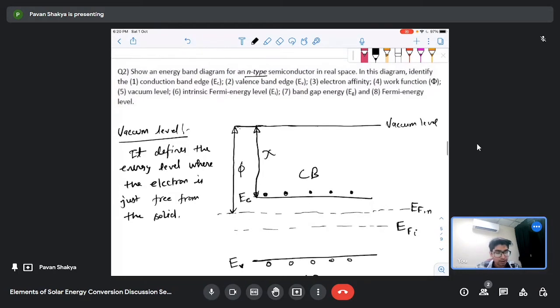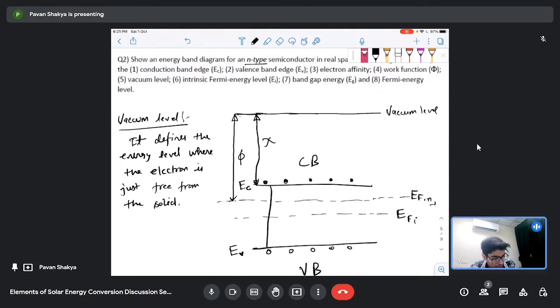Okay, so in the problem, next one is the vacuum level that I have defined. Next, the intrinsic Fermi energy level, that is this one, EFI. Next is the band gap energy. Band gap energy is the difference between the edge energy of the valence band and the conduction band, and it is denoted as EG.